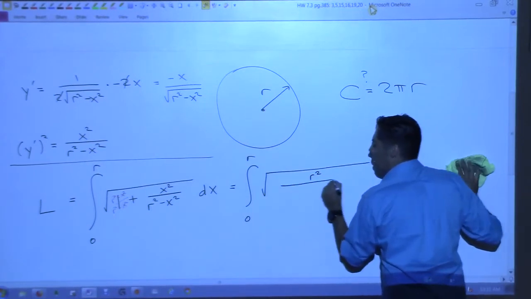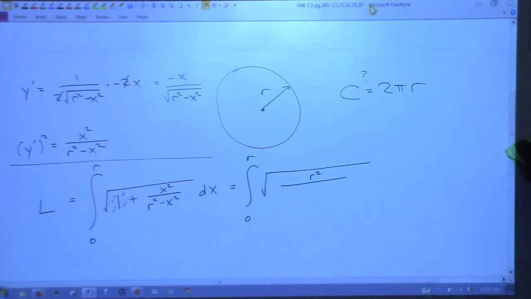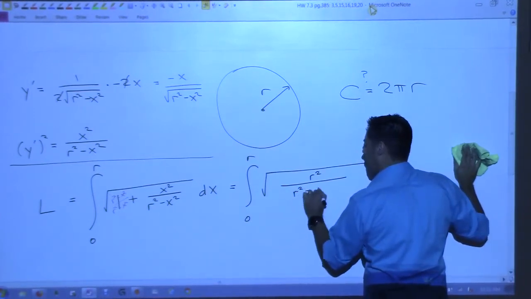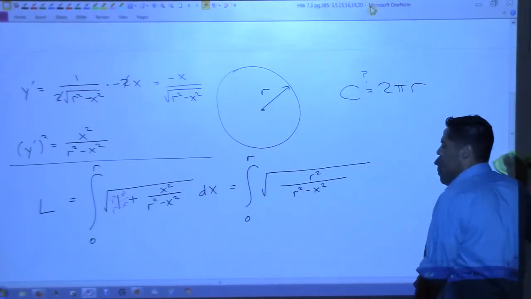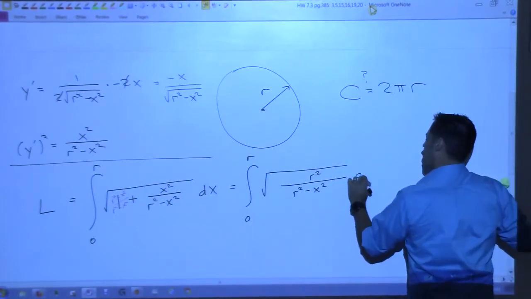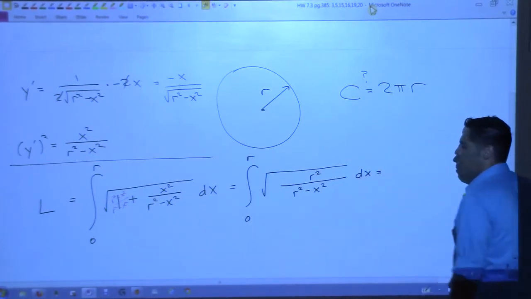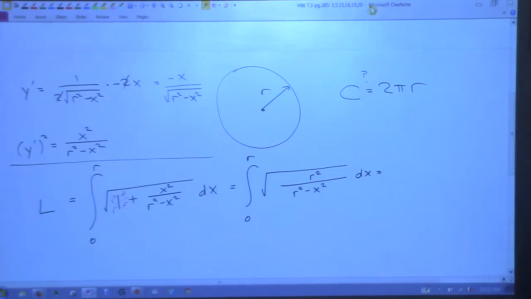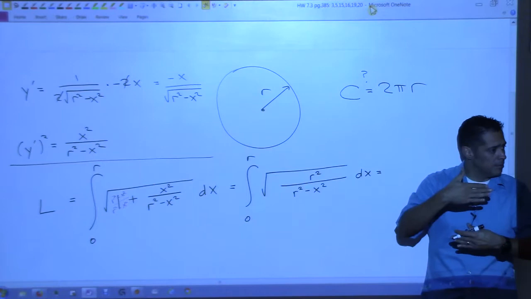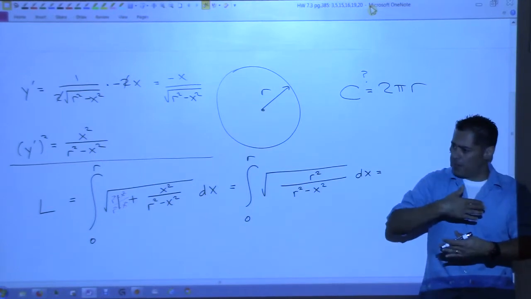And then what about on the bottom? The r squared minus x squared? We good? dx on the outside here? All right, now, what about that? If I have a root on a fraction, I can do root top and root bottom separately.